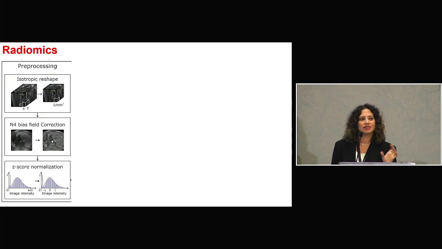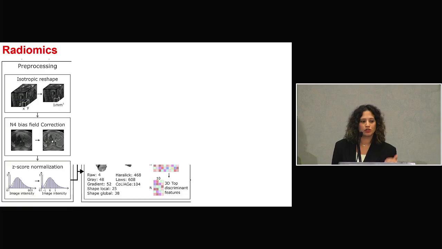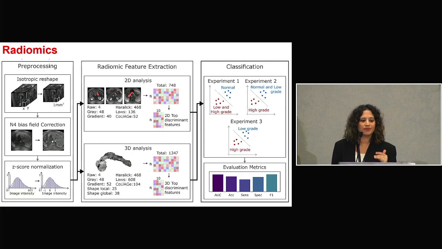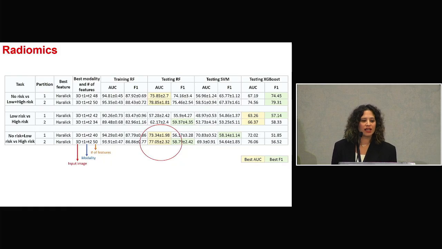Radiomics interprets the image into numbers and extracts the features, and we integrated the features into the model, and then we compared the model performance, normal versus low grade, and normal versus high grade, and it's helping to risk stratification.